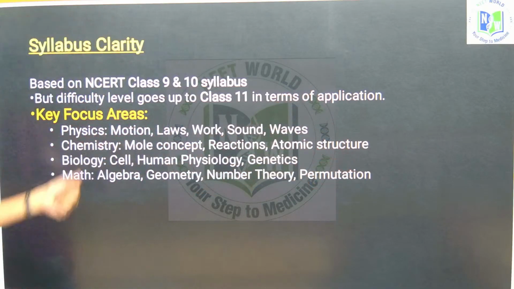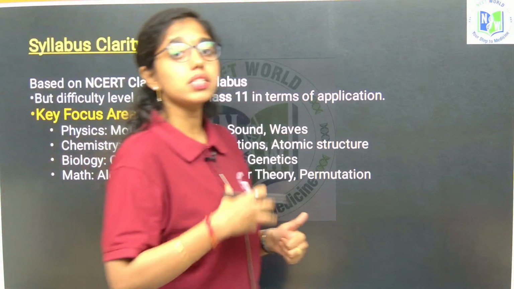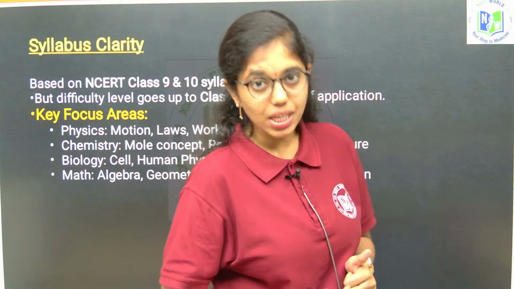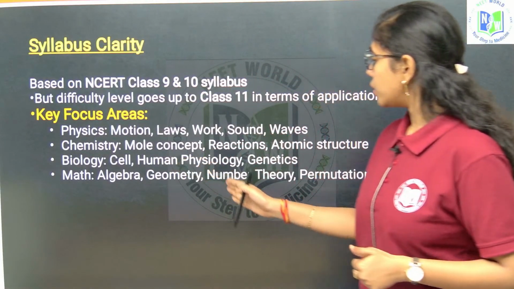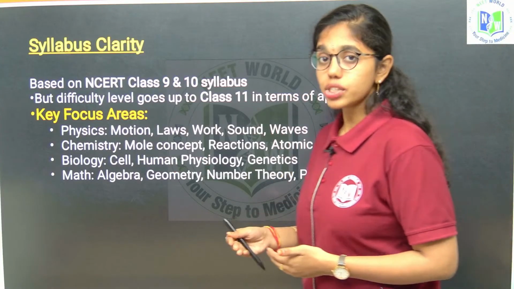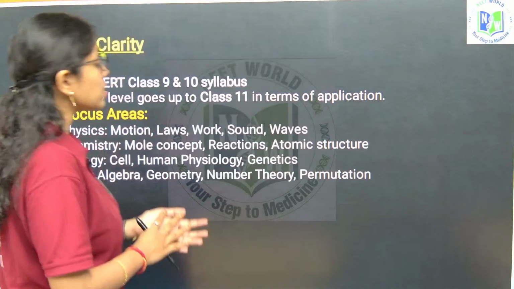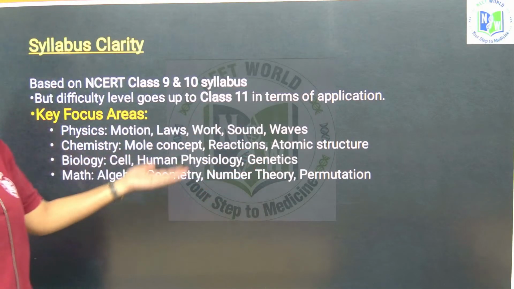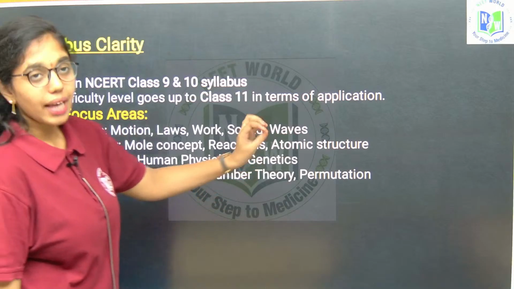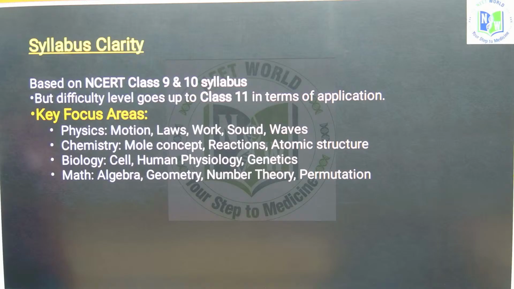In biology, cell biology, which includes cell organelles, cell structure, cell cycle, cell division and biomolecules, and then human physiology and genetics, where in genetics we have to cover the principles of inheritance and the molecular basis completely. Next, maths: algebra, geometry, number theory and permutations. These are the key focus areas that we have to analyze for syllabus clarity.